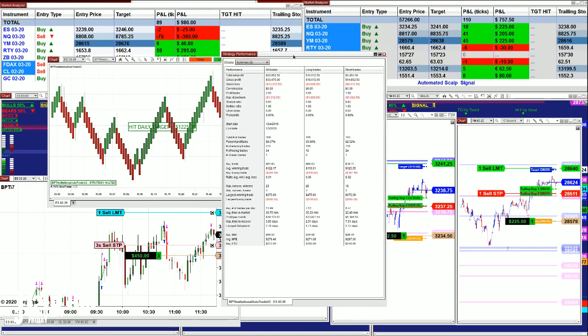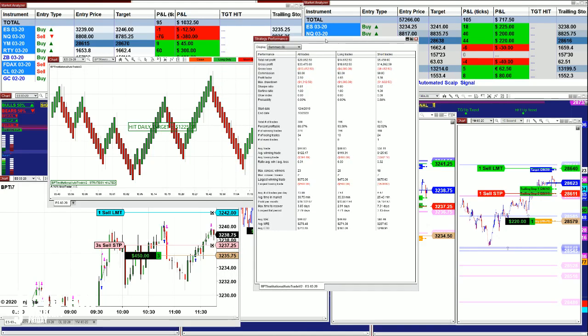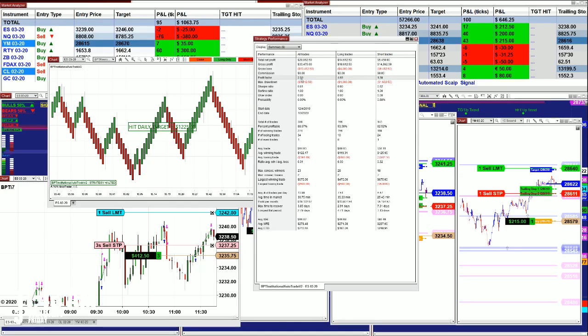And the funny thing about the Renko bar, straight out of the box, profit factor 2.5. This is very good for 30 days, $20,000, yeah?